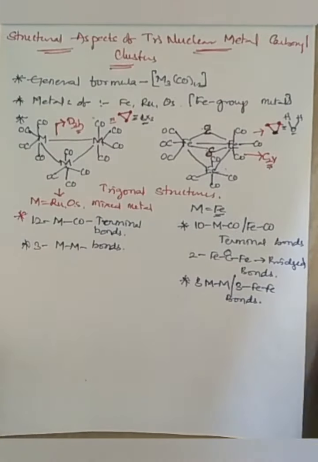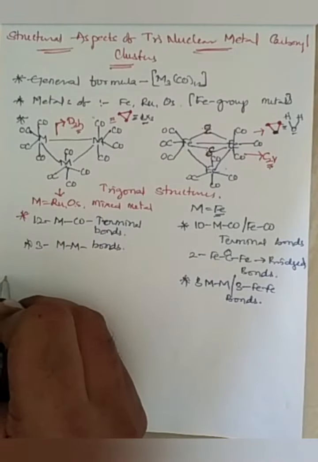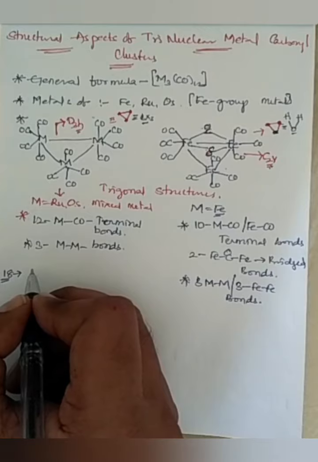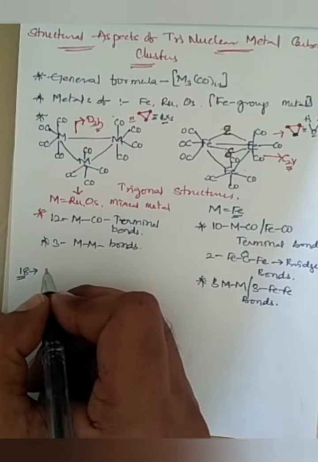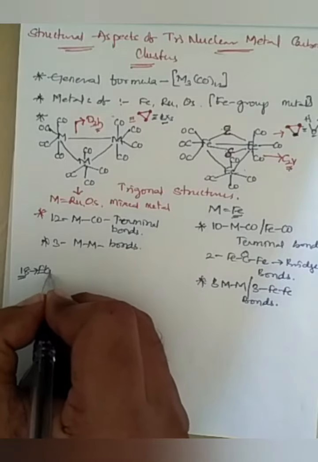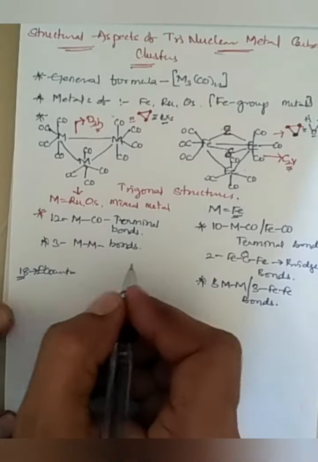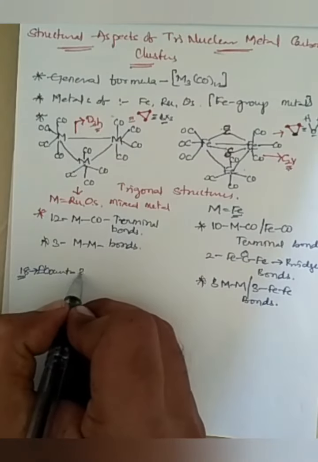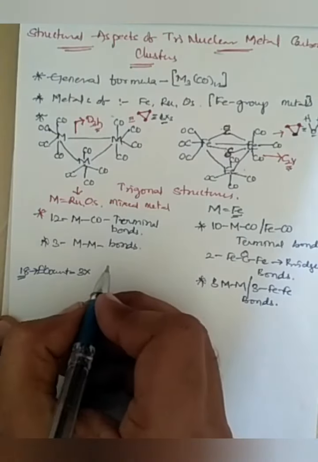Now the 18 electron rule. As we said, low nuclearity metal carbonyl clusters obey the 18 electron rule. Now count the 18 electron count. It starts with the number of metal atoms times the valency electrons of the metal.